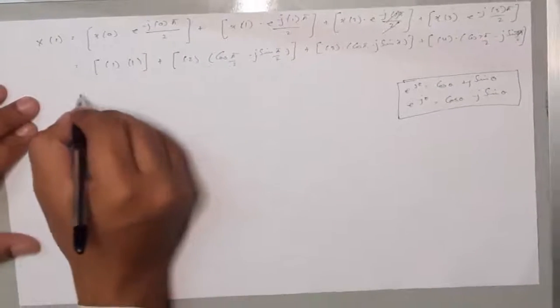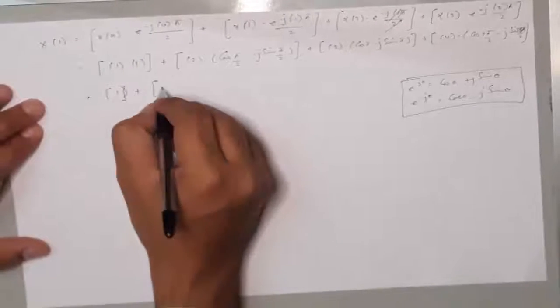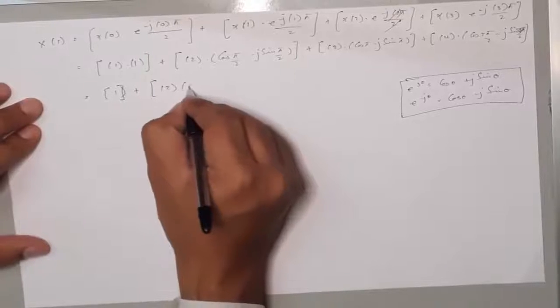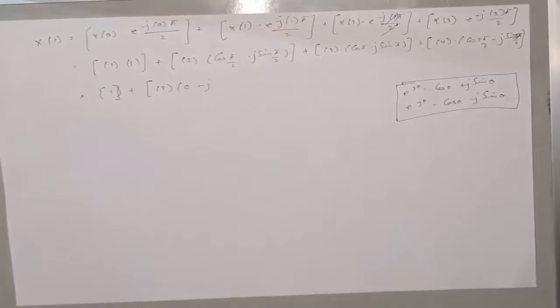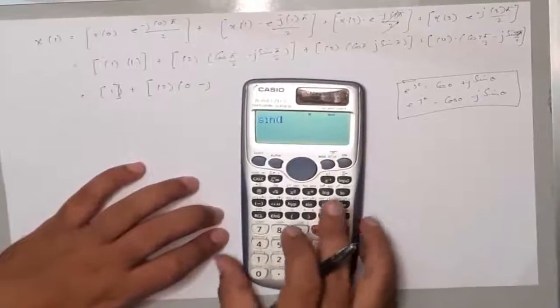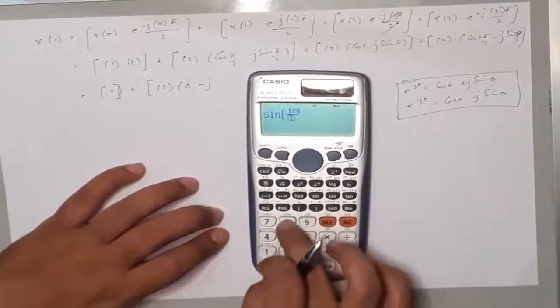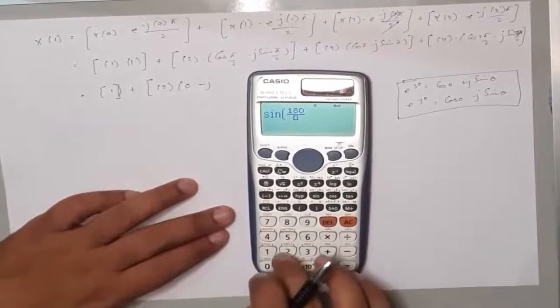Okay. So this is 1 into 1, 1, plus this is 2 into cos pi by 2. Cos pi by 2 is 0, minus j. You can use the calculator for this. So sin pi by 2 means sin of 1. Whenever you are having an angle, always use 180. You would use 3.14 by 2.